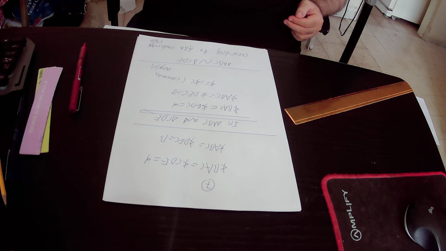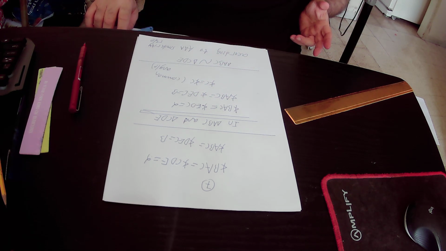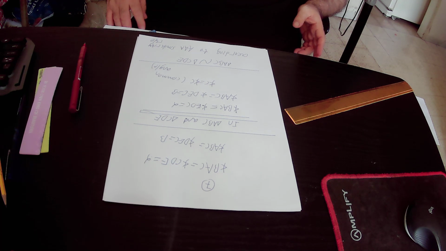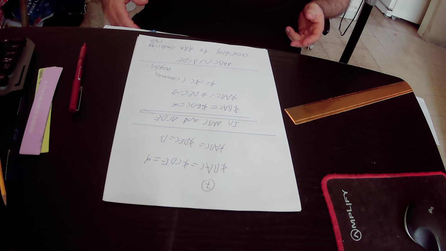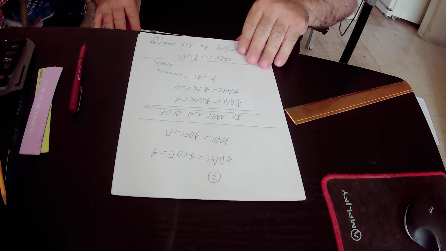Okay, so what is the angle similarity rule? If you prove that three angles of one triangle are equal to three angles of another triangle, then you prove that those two triangles are similar to each other according to the angle similarity rule.